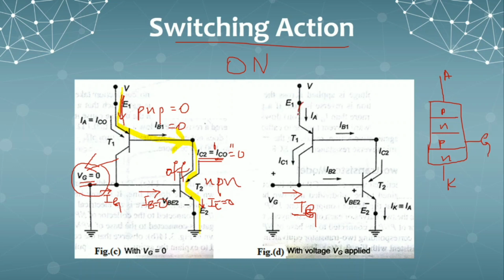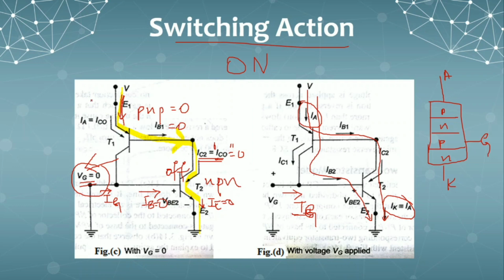So, whatever current IA you give, the complete current will flow through the cathode, which is IK. It will trace the path and reach the cathode terminal. So, this is how you turn on the SCR.